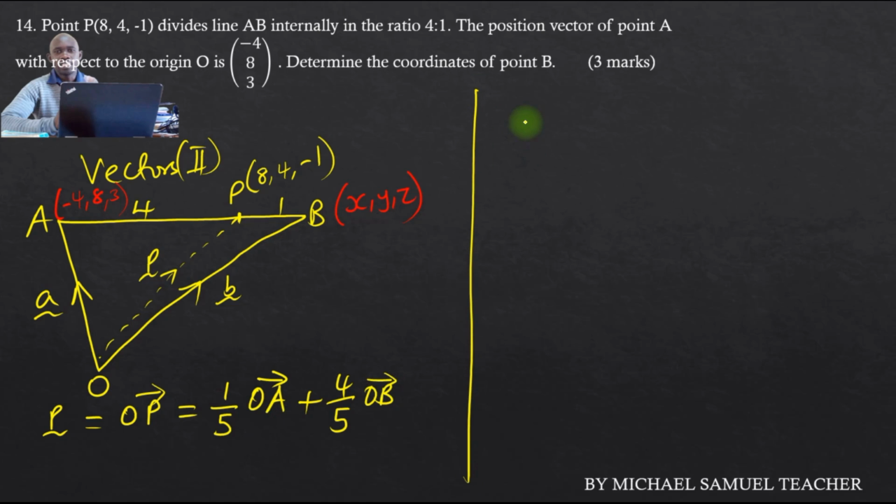So this is the P vector: 1 over 5 A vector plus 4 over 5 B vector.